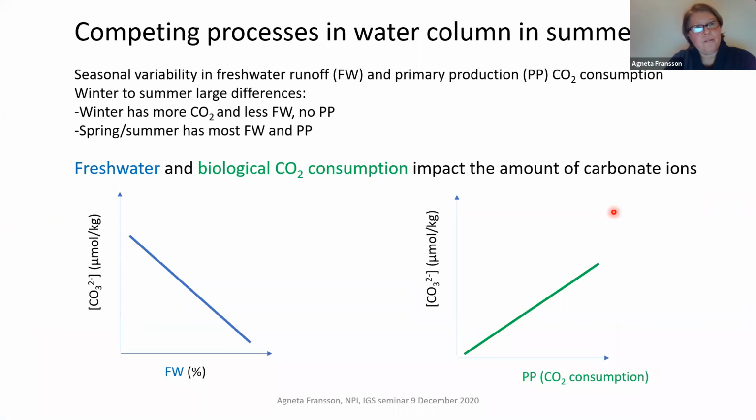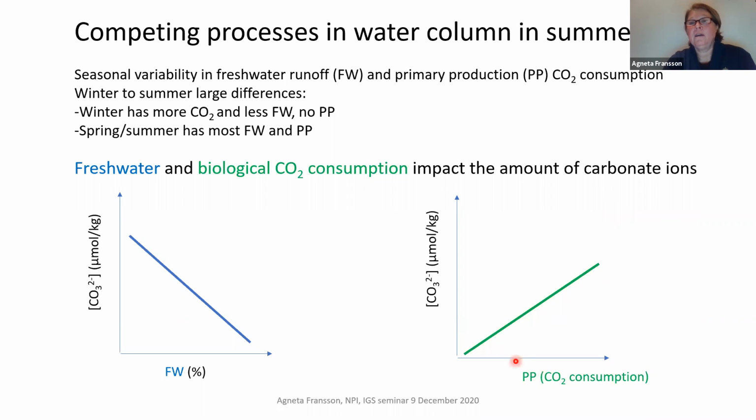But it's not only fresh water that has a large impact in the fjord on the water and sea ice. It's also the biological consumption, and that has a competing effect. Especially in spring and summer, you have a large contribution from primary production.